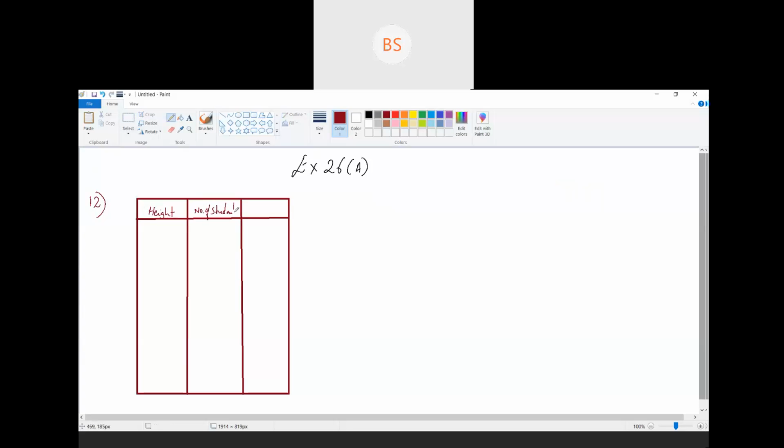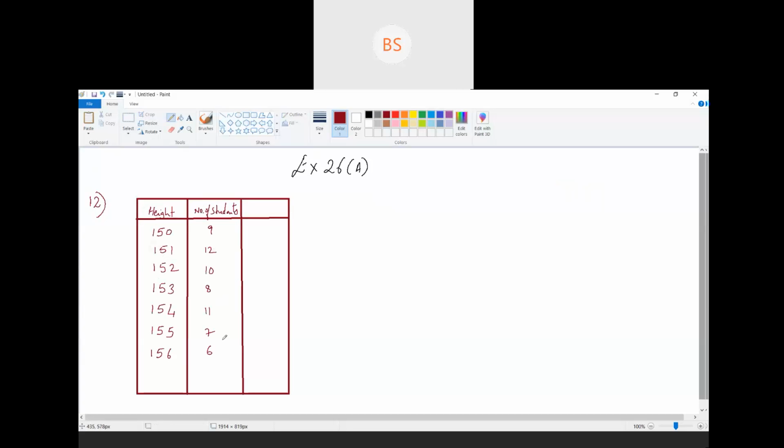Now as we can see, the heights are already in the required order. So we need not change anything. We will copy down as it is. Okay. So this is the data given.